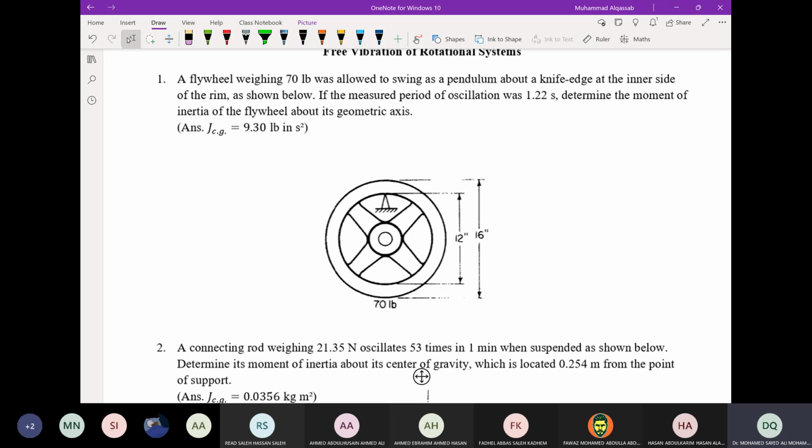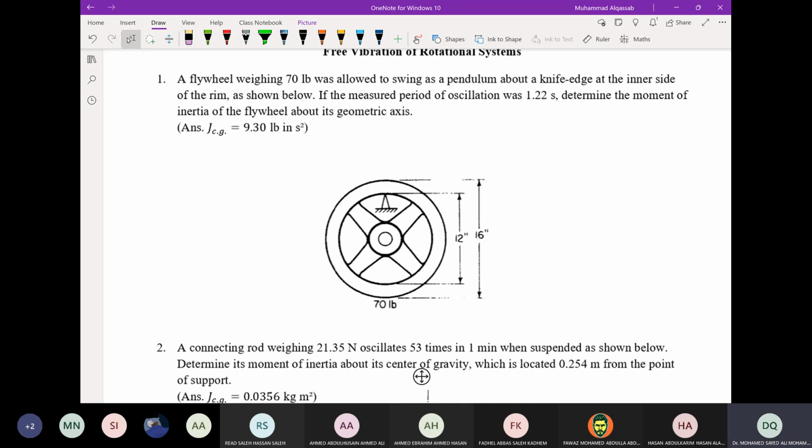If it is pivoted about the centroid, it will not oscillate. It can only rotate. But here, in order to find the moment of inertia, you have to support it at some other point. As you can see, it is on the inner side of the rim.